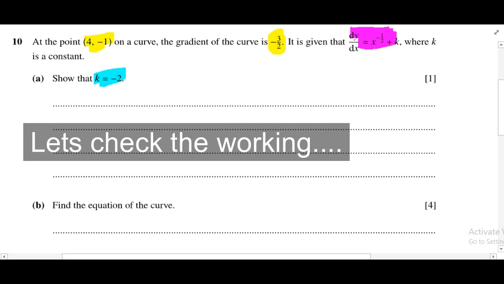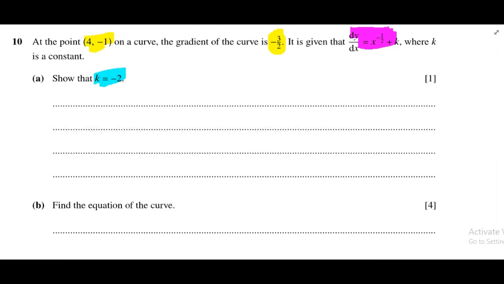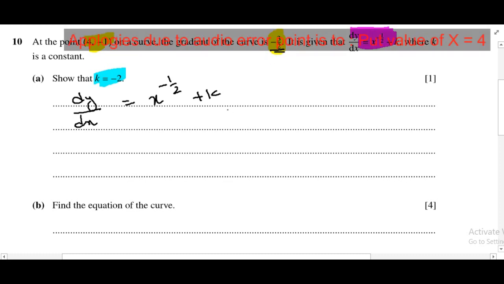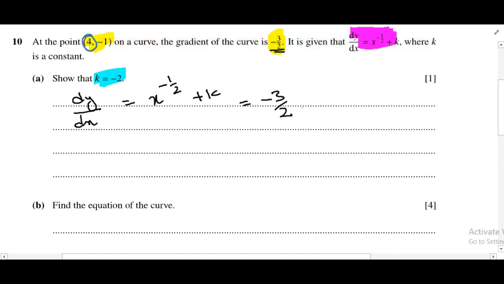I hope you have tried this question. Let's start. Since dy/dx is equal to x to the power of negative half plus k, we equate it to -3/2 at x = 4. So if we rearrange it, it becomes 4 to the power of negative half plus k equals -3/2.